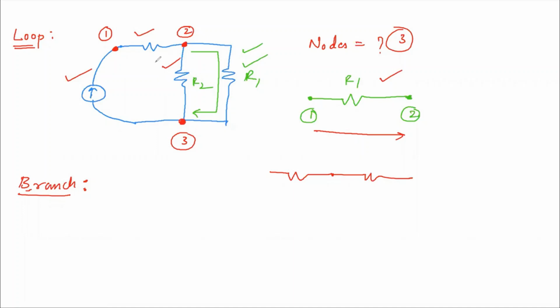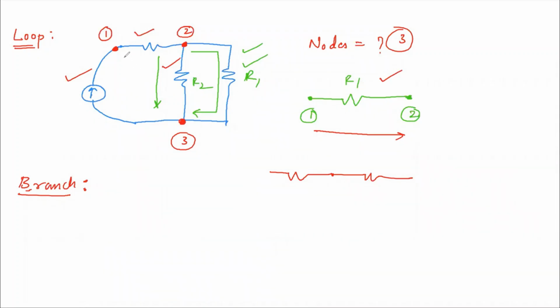It is a simple path in a network. It is a single path in a network with one simple element with a node at each end. Here, are you having a node at each end or not? Second node and third node. It is a simple element. So it is qualified as a branch. Now take the other one. There is an element between node 1 and node 2.